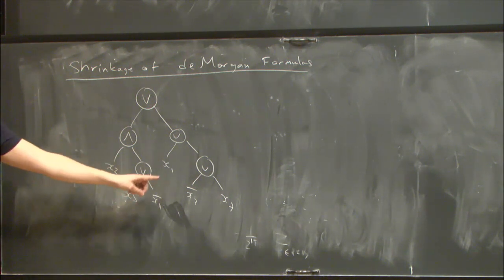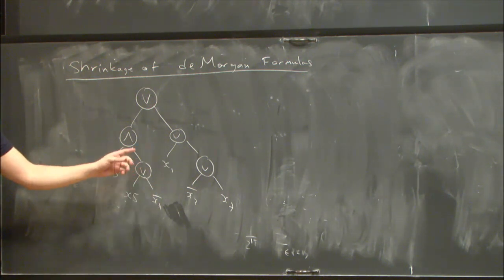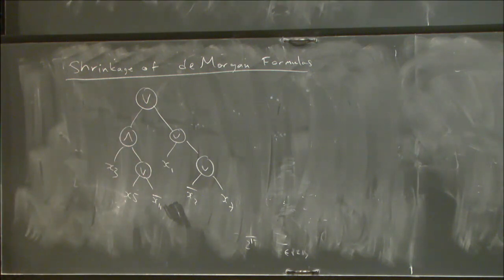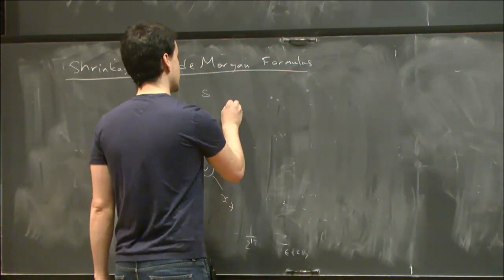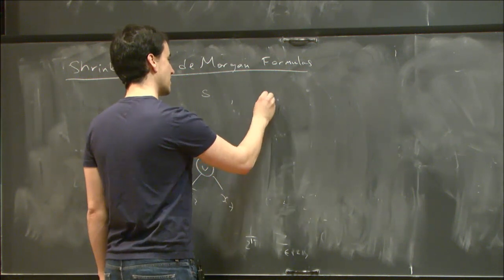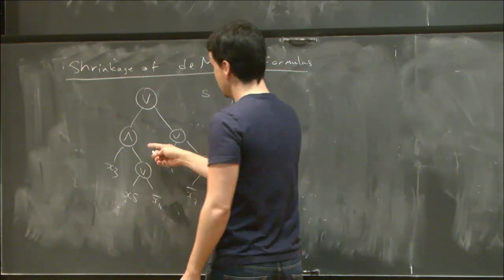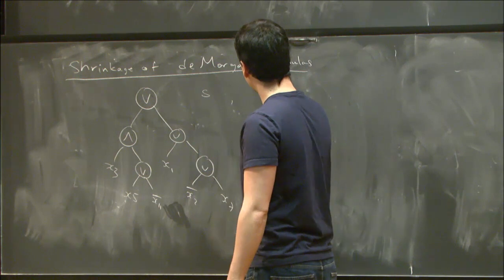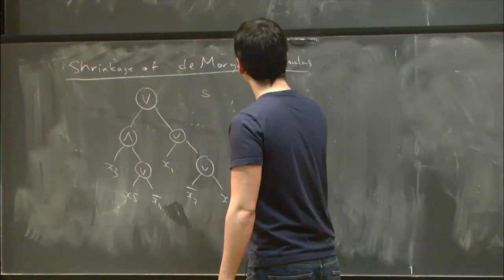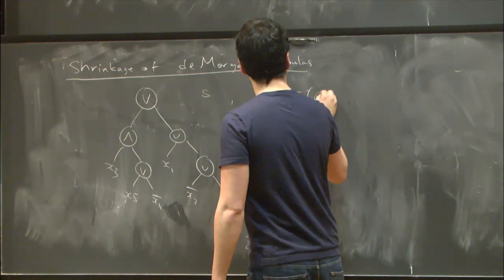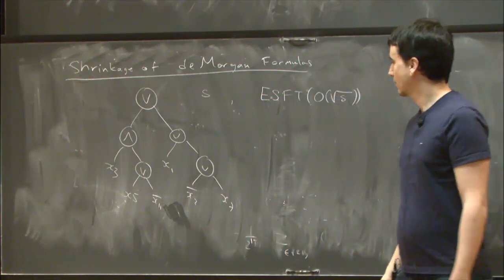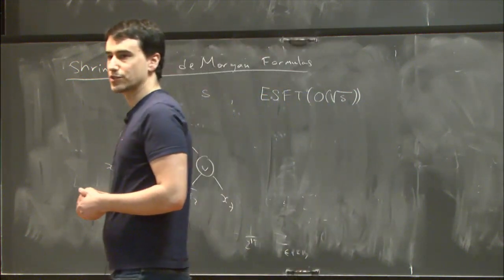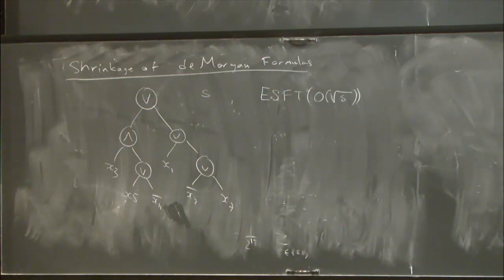The size of it is just the number of gates in this tree, so we denote it by S. And we mentioned from quantum algorithms that this represents a Boolean function, and this kind of Boolean function has exponentially small Fourier tails with parameter square root S. So the tails decay exponentially fast, starting from level square root S.